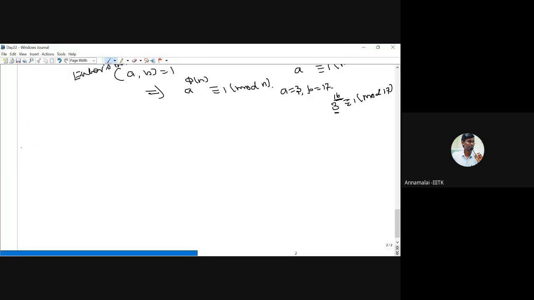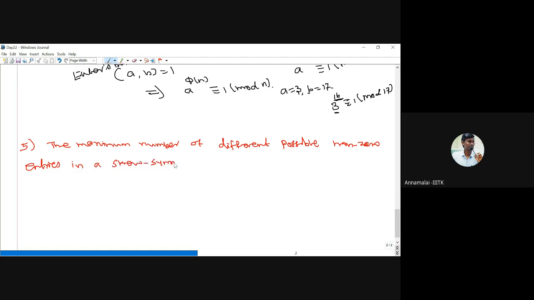The fifth problem says the maximum number of different possible non-zero entries in a skew symmetric matrix of order n by n.